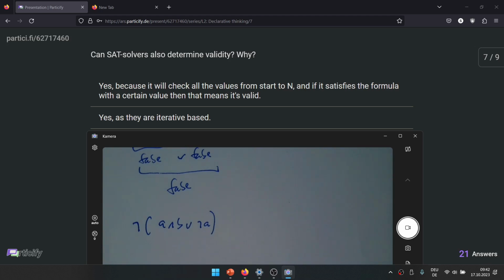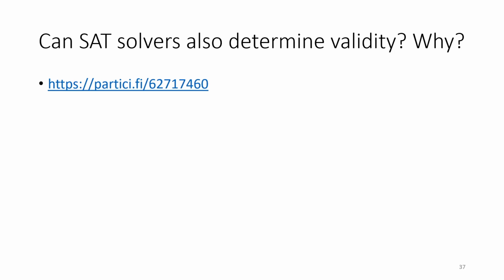If we get no solution for the negated formula, then the formula must be valid. Otherwise, we get an example where the original formula is false, and then we know it's not valid. Okay, so yes, we can use SAT solvers to check validity. That's great.